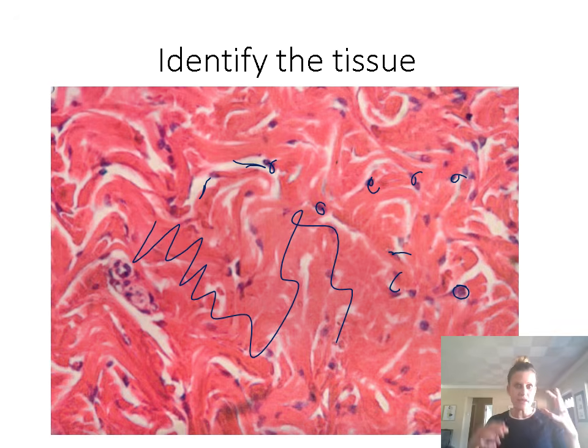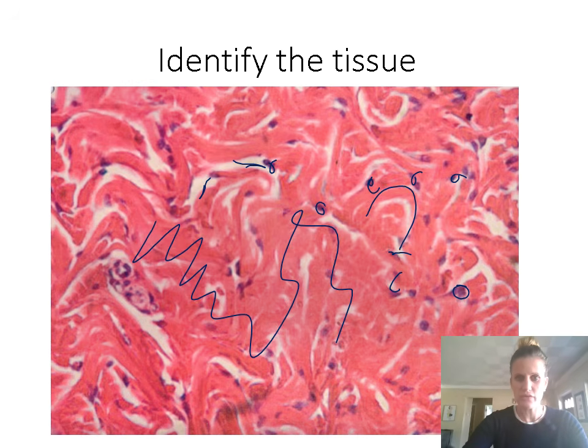Now, when we talk about dense connective tissue, where it's really densely packed with collagen, there's dense regular connective tissue and dense irregular connective tissue. So you've got to look at the collagen fibers and see, are they all going in the same direction? Is the collagen really well organized, all going together, or is it messy? This is messy, right? Look at the collagen.